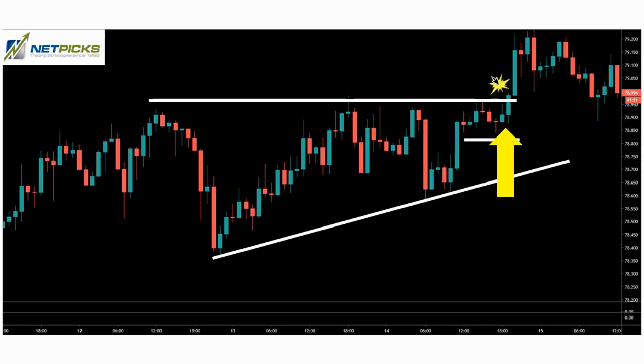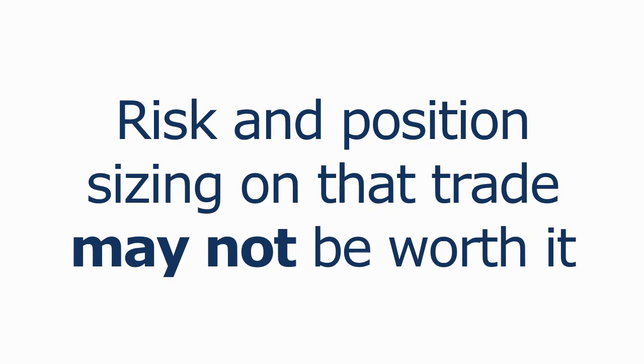You enter at market on the close of the candlestick if it stays above the breakout point, as this one did here. Now the issue is that if the breakout candlestick was the next one, for example, that momentum one, that could lead to a snapback in price soon after you enter. And depending on your stop loss position, the risk and the position sizing on the trade may not be worth the reward because the momentum candles can sometimes just keep running.